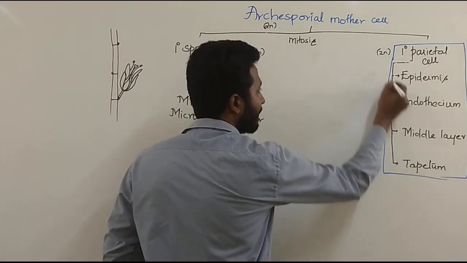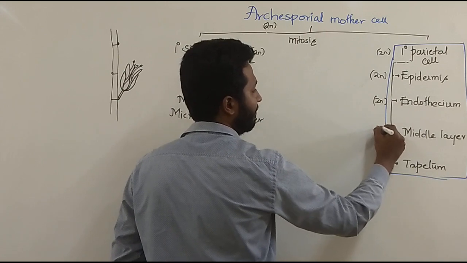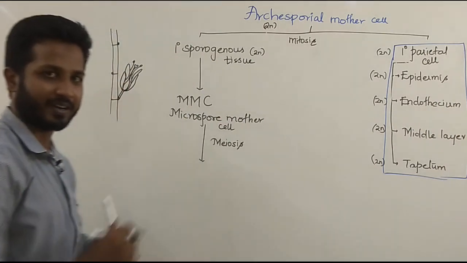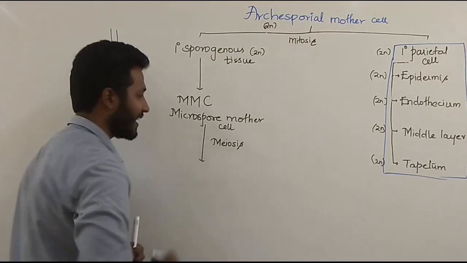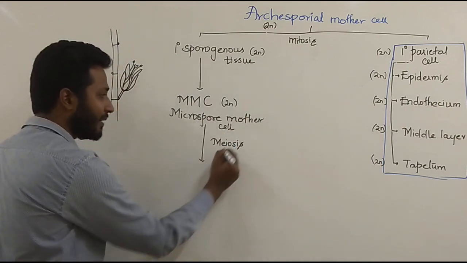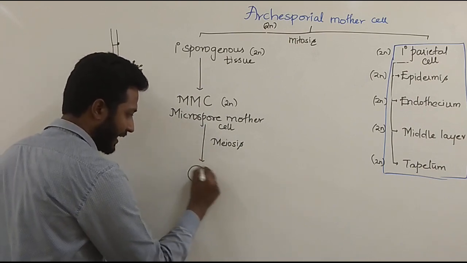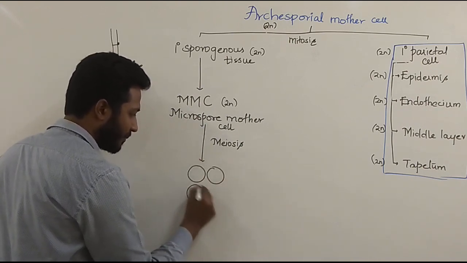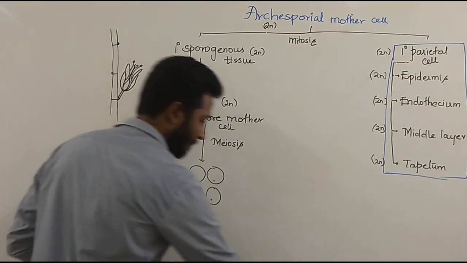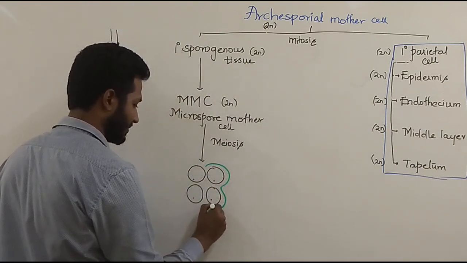The 4 wall layers are formed again by mitosis, which means epidermis, endothecium, middle layer, tapetum. All these cells are diploid in nature. But when meiosis happens, MMC, which is diploid in nature, is going to divide by meiosis and form 4 daughter cells. These 4 daughter cells are held together by a carbohydrate called callose. Hopefully you remember what callose is and which layer produces callose.